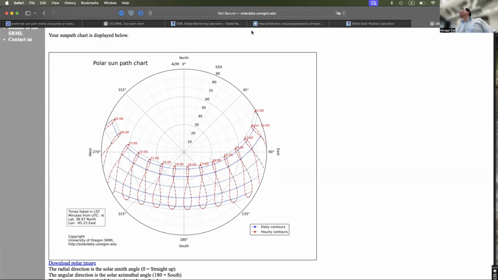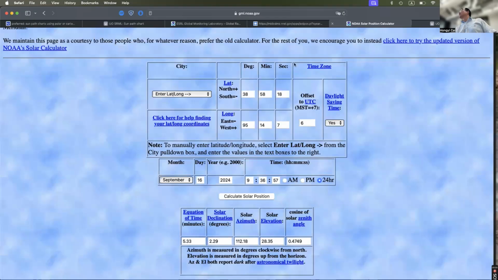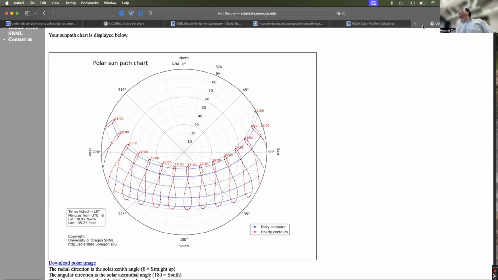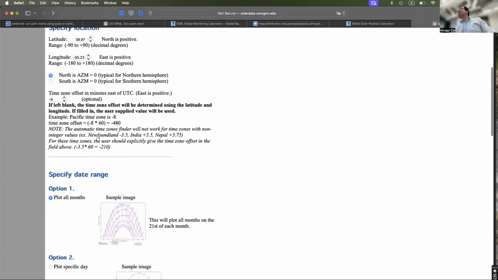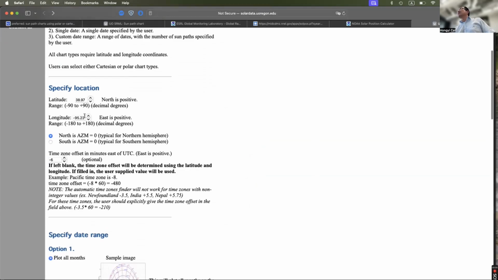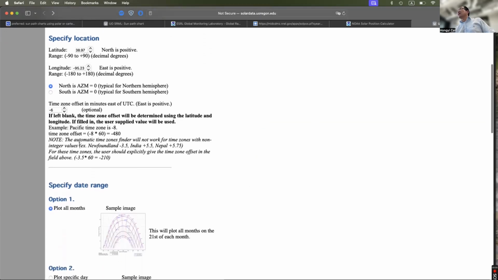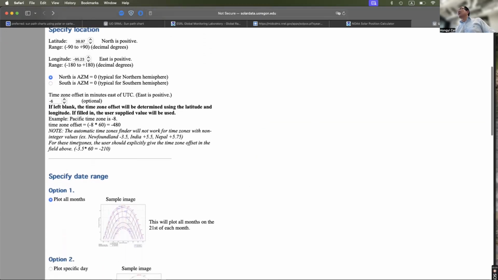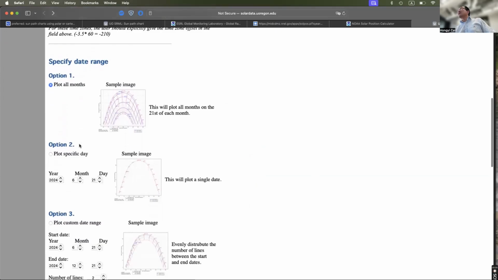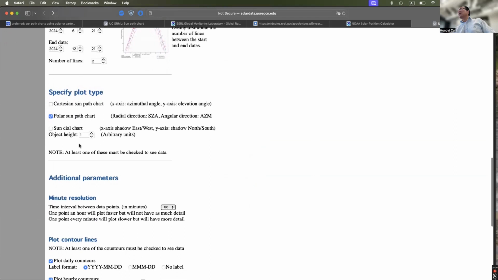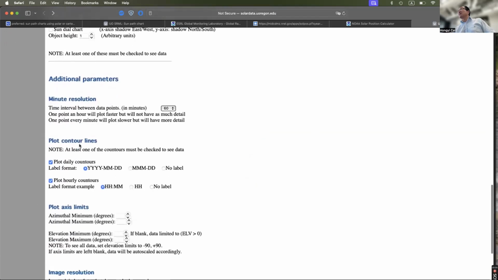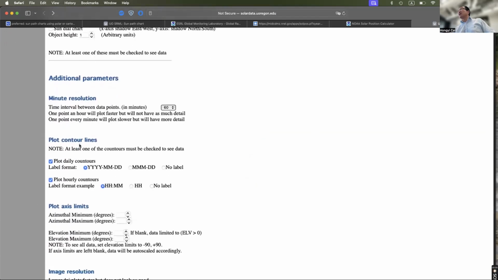Let me do one more time. So let me go back, double check, because this is not correct. This is correct, right? Time zone correct. Whole month correct. Polar correct. For the daily contours, yes.